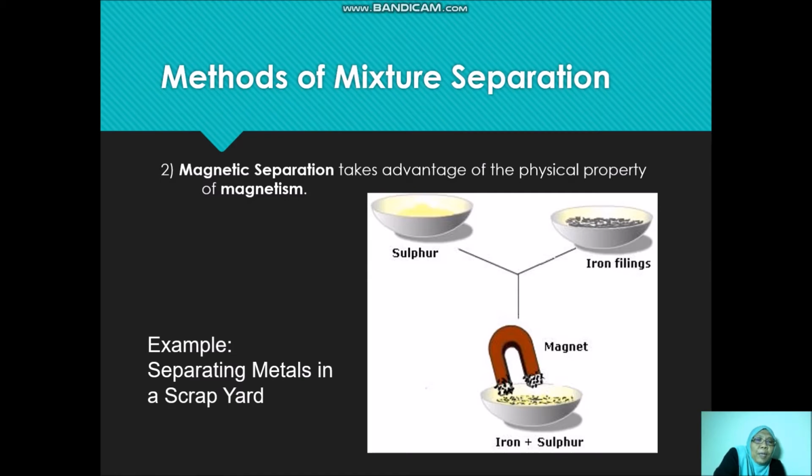Just put the magnet near the mixture, and the iron will be attracted to the magnet. In this case, you have already separated iron from the mixture. In daily life, people use it for separating metals in the scrap yard.